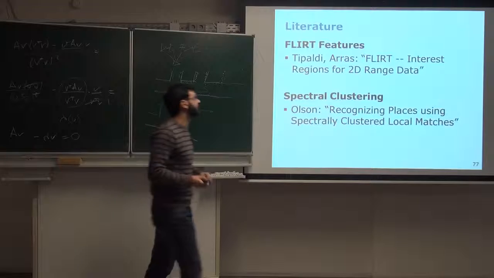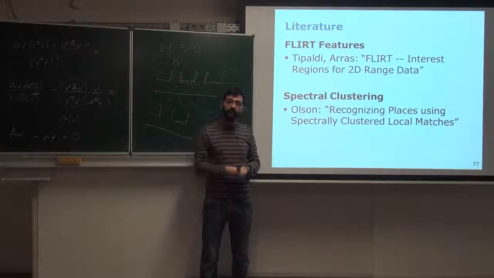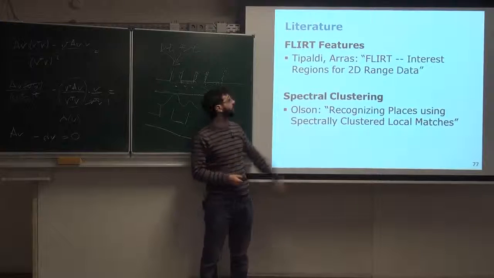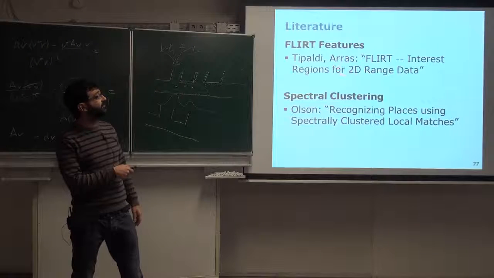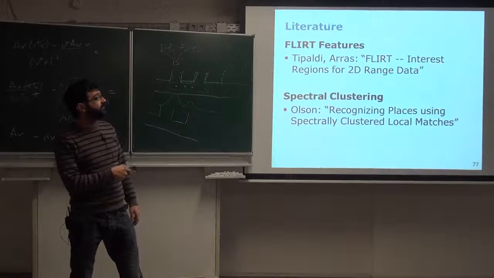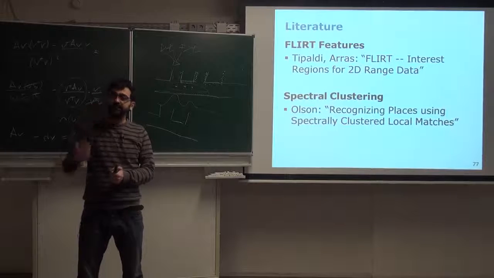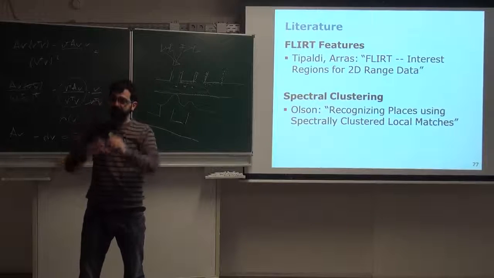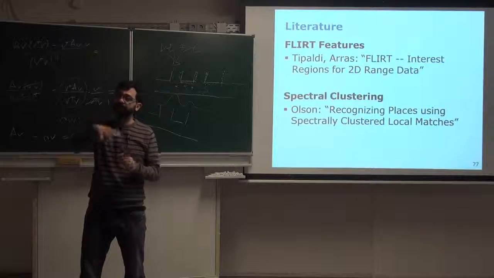A bit of literature, the part on the spectral clustering, so this global and local ambiguity, you find in this paper here. And here it's something that I did. So as an example of features that you can detect for 2D laser data, so how you can actually handle this 2D range data and find points and how to describe these points.